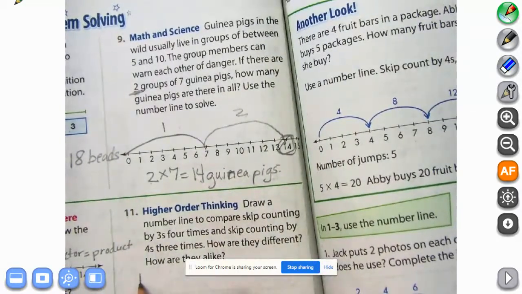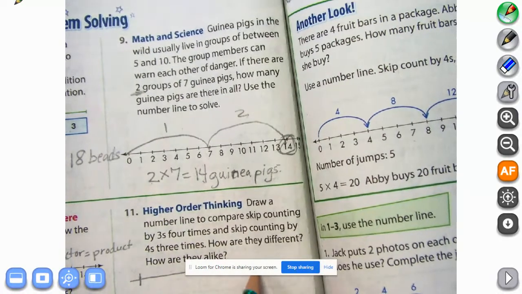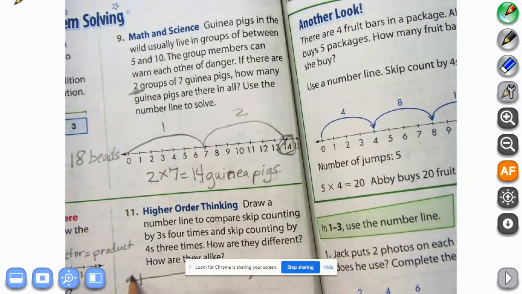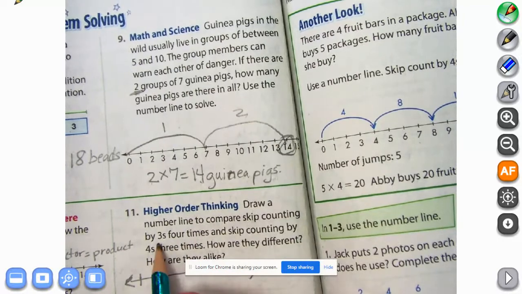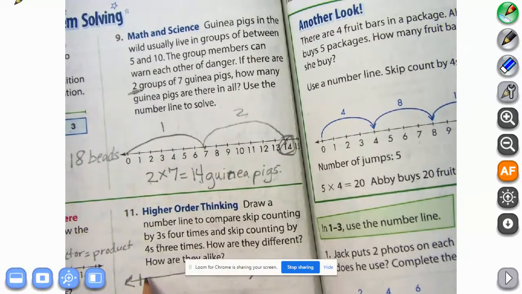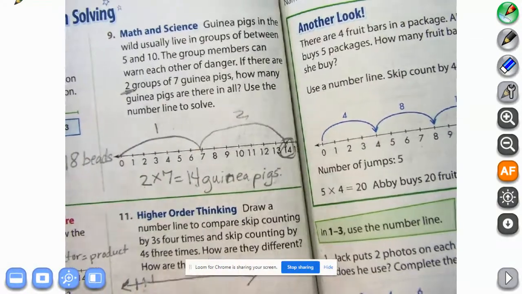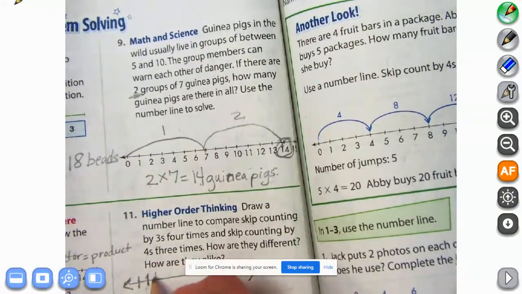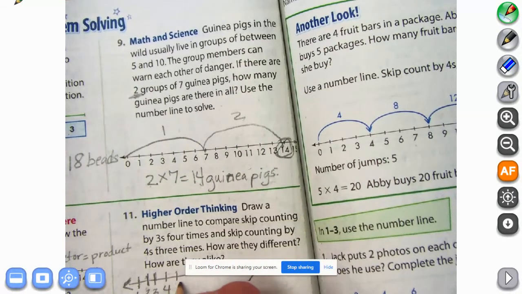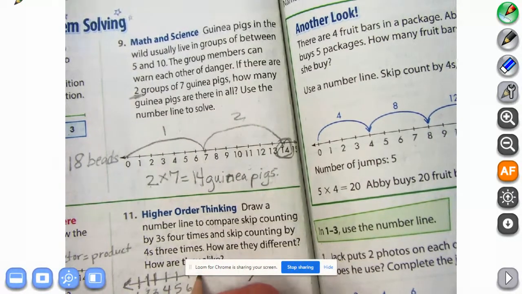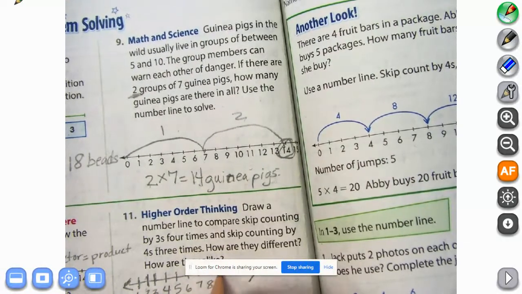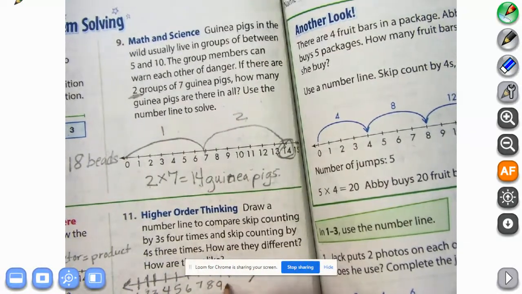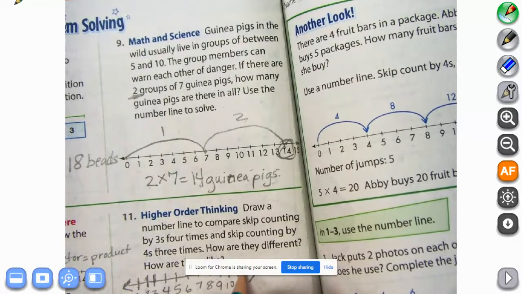Okay, so we have a number line. Okay, and it says we're going to skip by threes. So 0, oopsie, that should be 1. 1, 2, 3, 4, 5, 6, 7, 8, 9, 10, 11, 12.